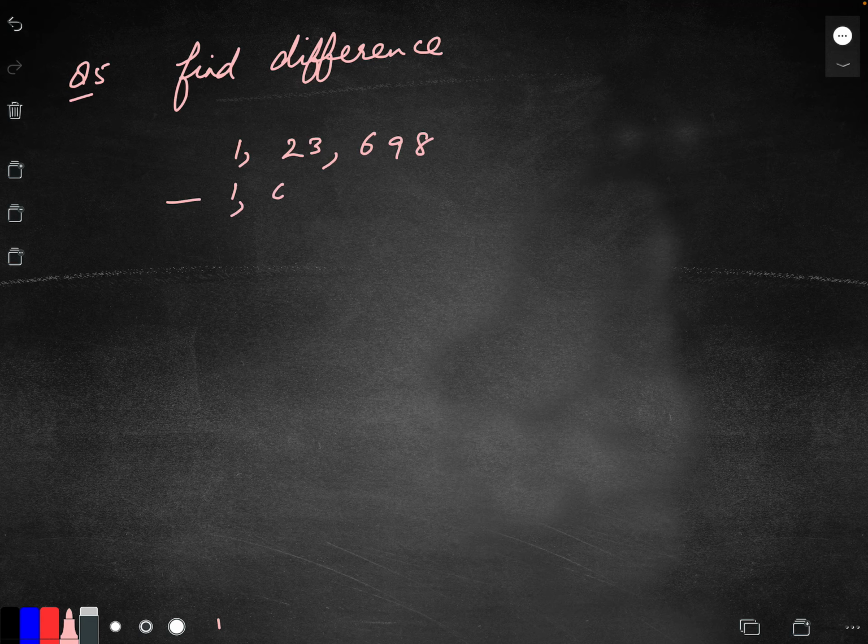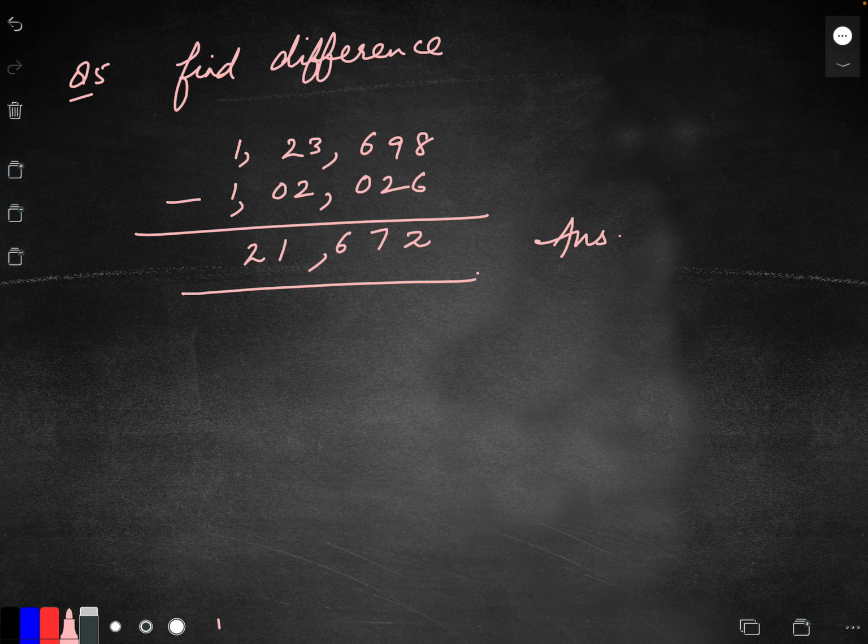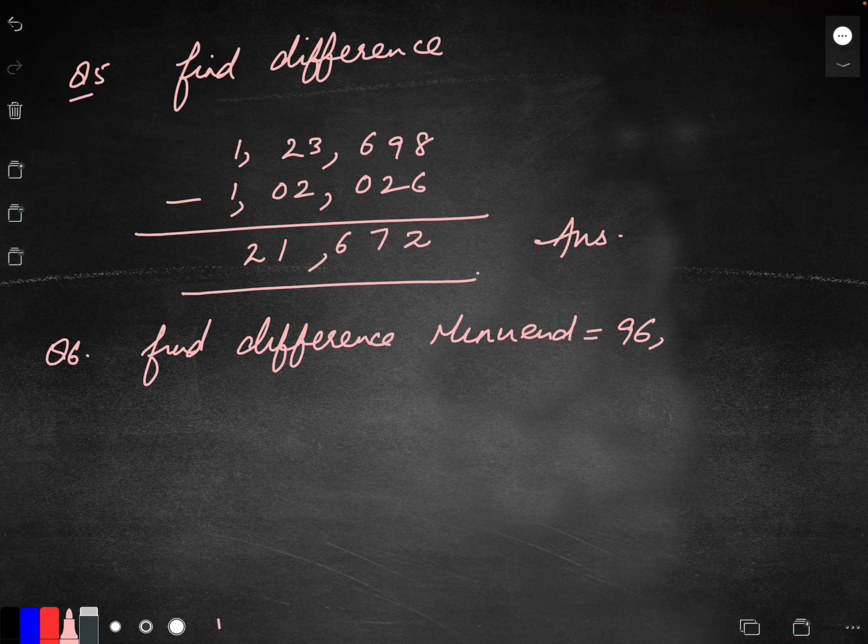And I have to subtract 1,02,026 from it. No borrowing. A direct and a quick answer. Happy? Chaliye, let's move on. Find the difference where the minuend is 96,325 and subtrahend.